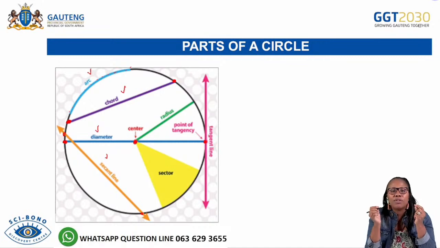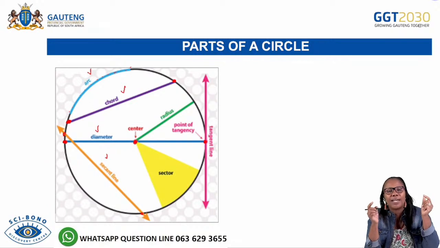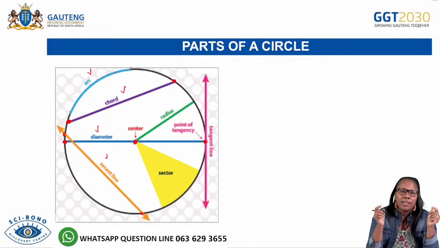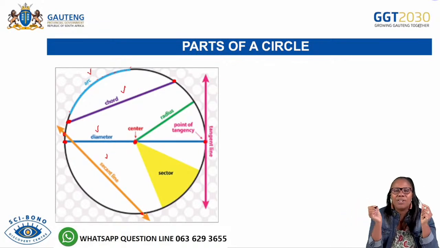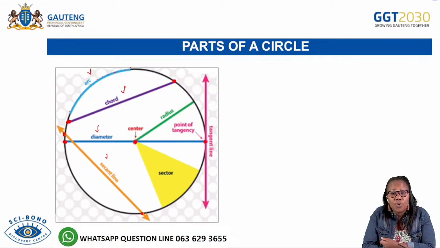Now, we sometimes call a diameter a special chord. Why? Because it also touches the circle at 2 points, from one side of the circle touching the circumference to the other side. The only difference is that we call this a special chord because it passes through the center.